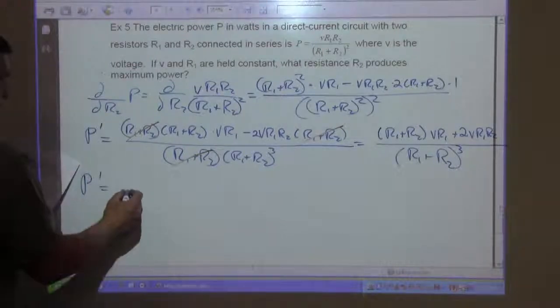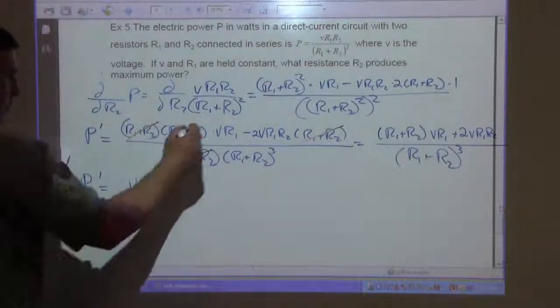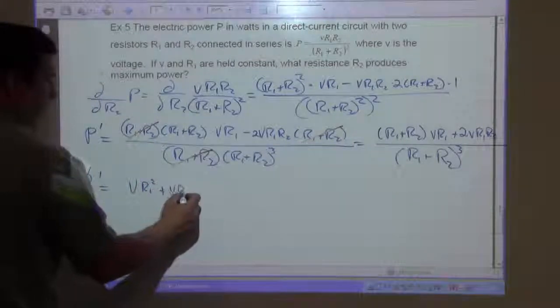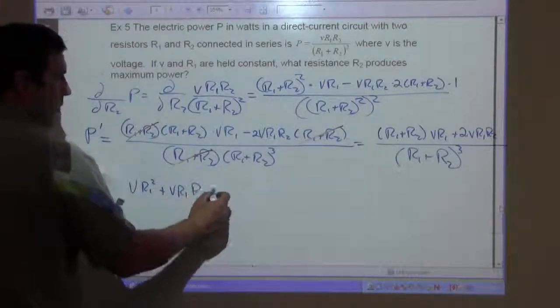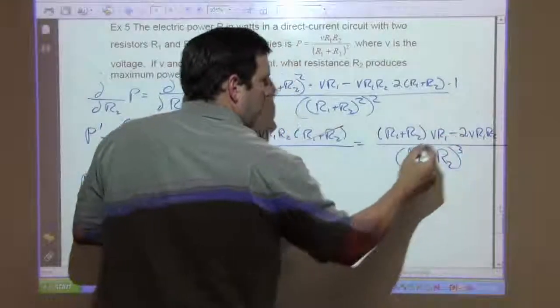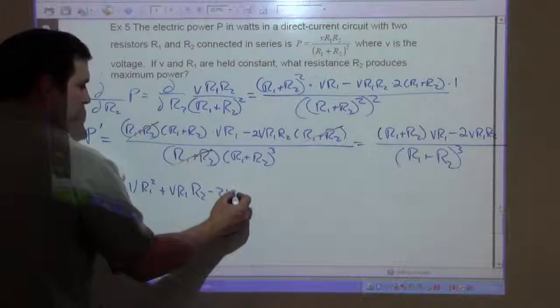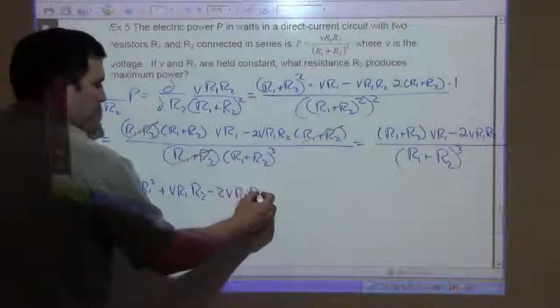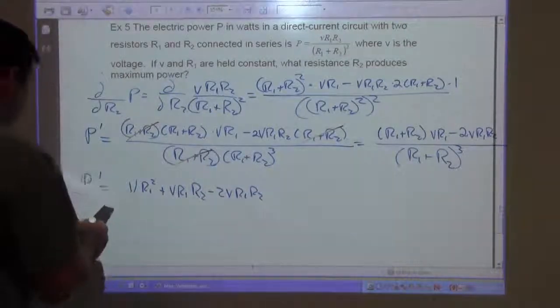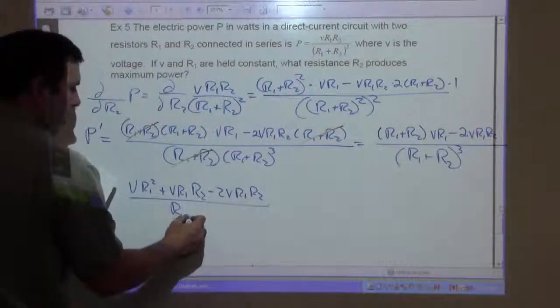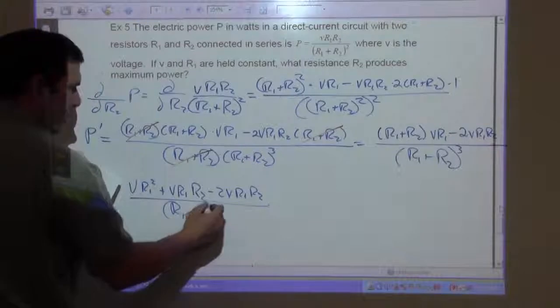So P prime is going to be V, if you distribute that, R1 squared plus V R1 R2 minus 2 V R1 R2 over R1 plus R2 squared, cubed.